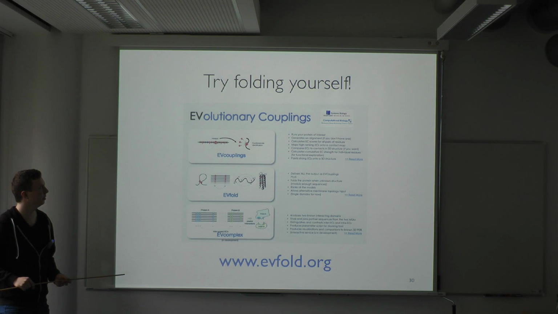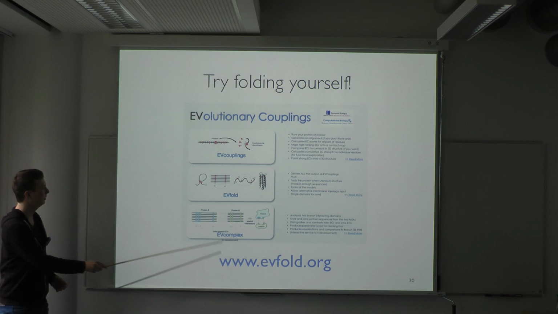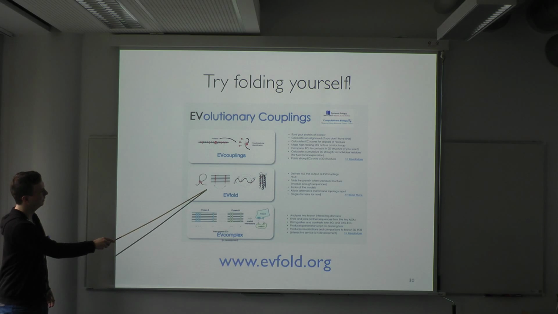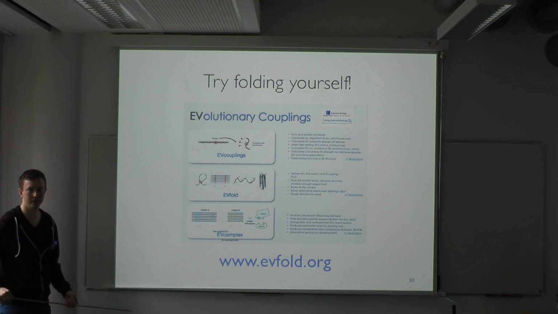And so if you want to try this out yourself on your favorite protein of interest, we have a web server, which is at evolut.org, and you should just select this button, evolut, and you can put in your protein sequence of interest, and hopefully it gives you back a good answer.